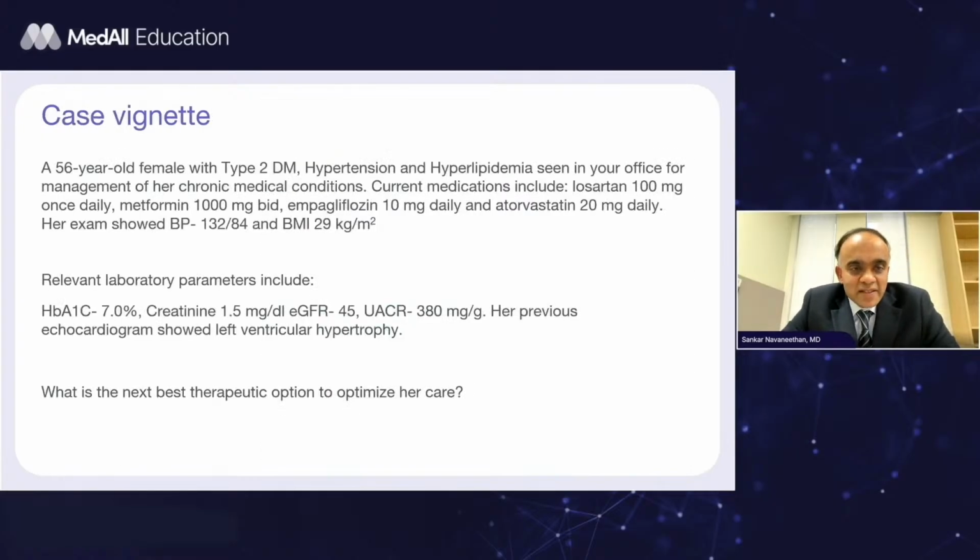We'll come back to this case that we talked about earlier. You may recall that this is a patient with type 2 diabetes, hypertension, and hyperlipidemia, optimized medically so far, still with a BMI of 29 and an elevated blood pressure, still have an elevated albuminuria warranting further therapy. The option here obviously is the GLP-1.